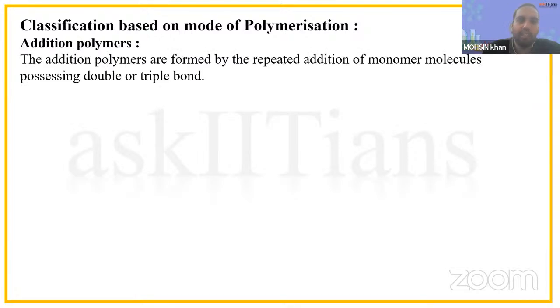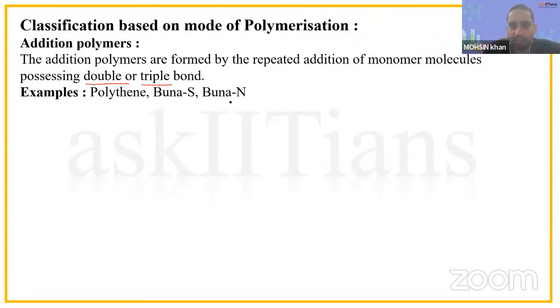Addition polymers are formed by the repeated addition of monomer molecules possessing double or triple bonds. This is important here. The addition polymers are formed by monomers which have double or triple bonds. For example, polyethylene, buna S and buna N are examples of addition polymer.